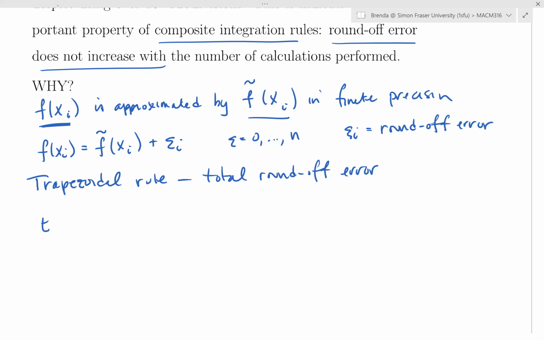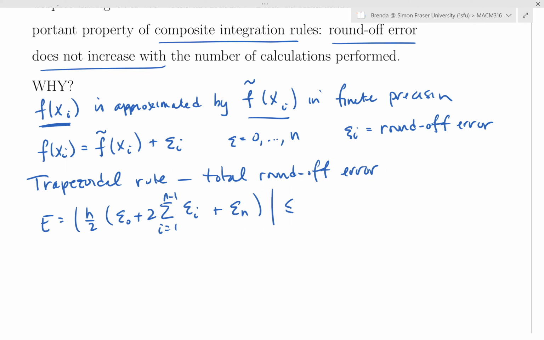So that error is going to be h over 2 times the error in the first function evaluation plus 2 times the error in all the function evaluations, because we have to double the ones in the middle and then the one at the end. We're going to have error on each one of those. We're going to add them all up.